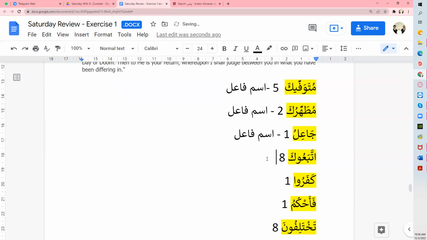Okay. Here, what about this? The word they use as the fi'il, they don't have ittaba'uka. What family is this? Family 8. But what type of word is it? Ittaba'a yattabi'u. Madi, right?